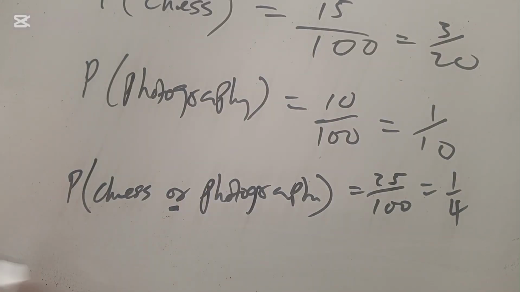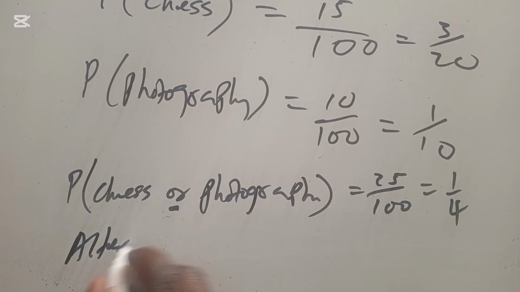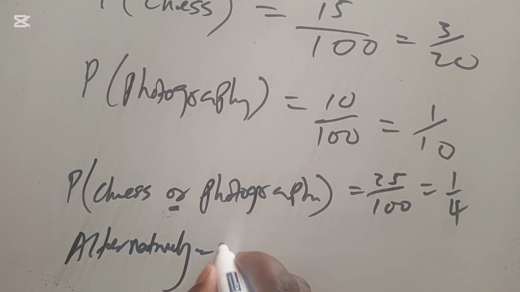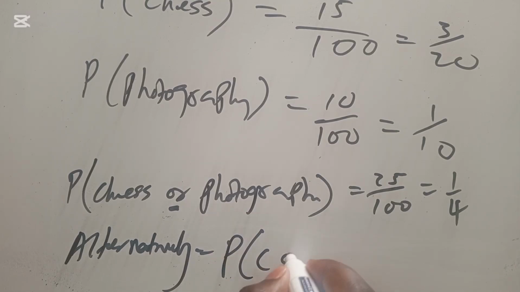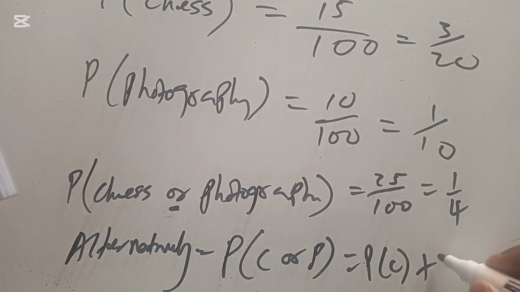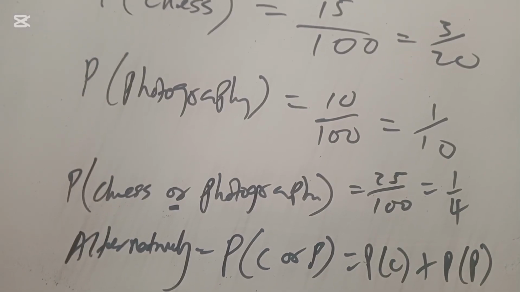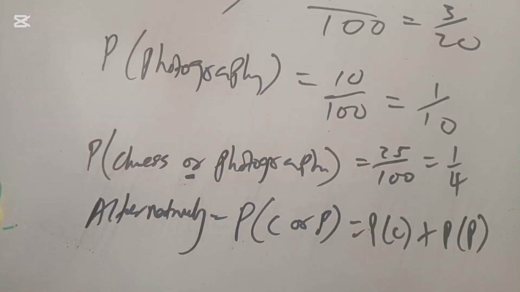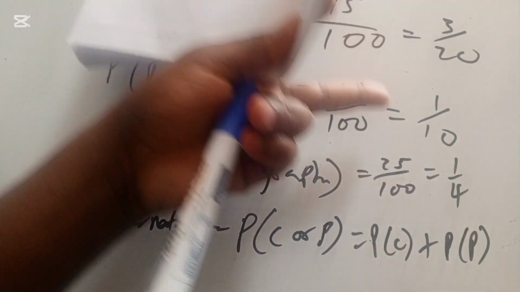So alternatively, probability of chess or photography is equal to probability of chess plus probability of photography. So you're going to add the two probabilities we have above. This one was 3/20 and this 1/10.